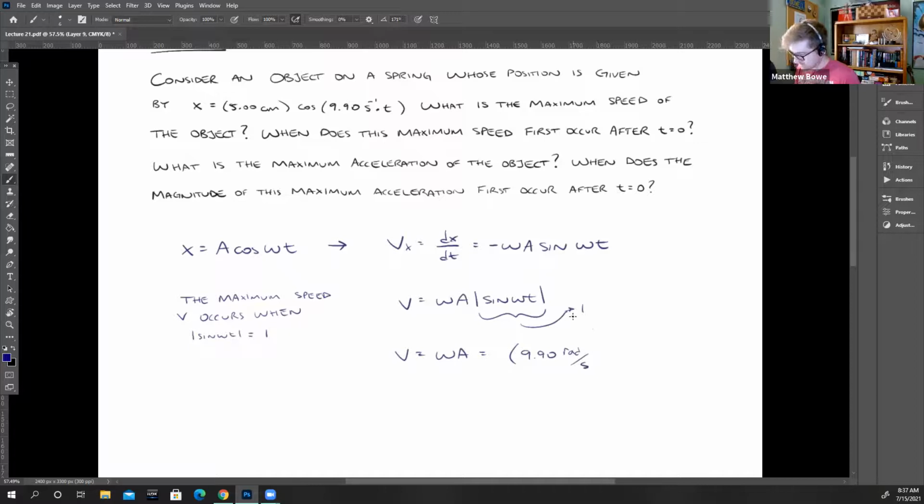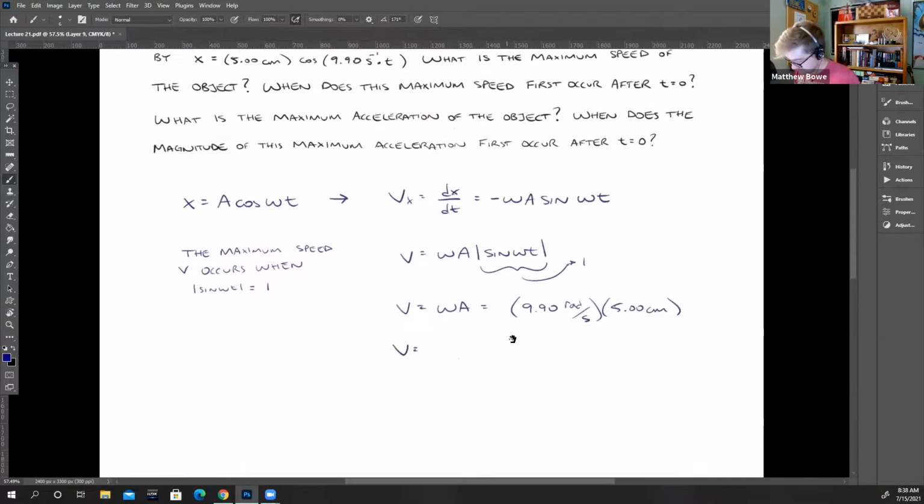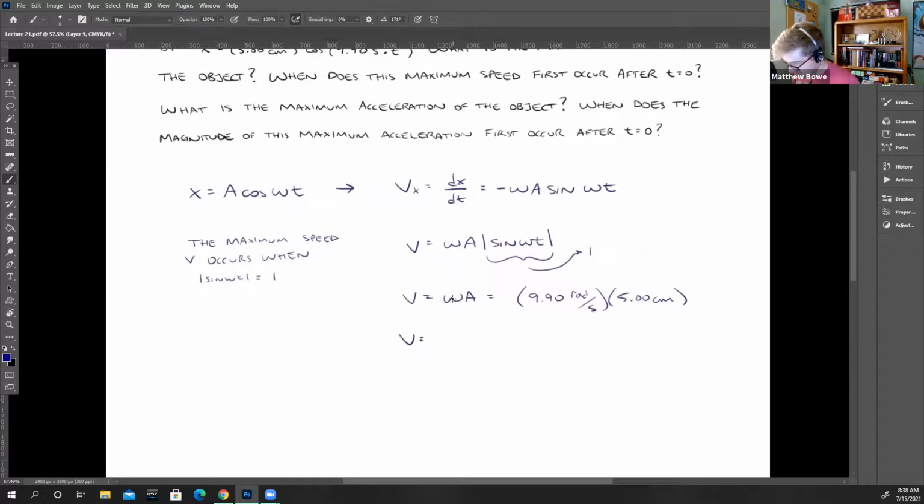And times the amplitude, which is the value out in front. This gives us 49.5 centimeters per second.